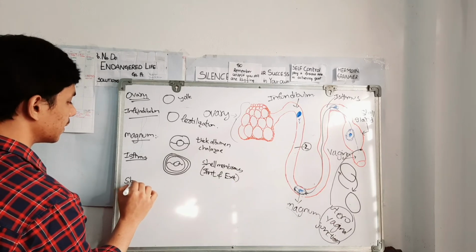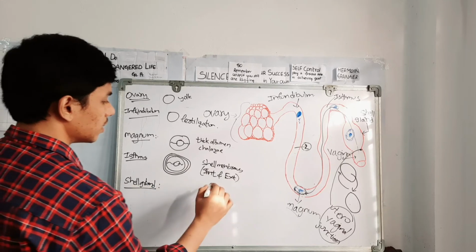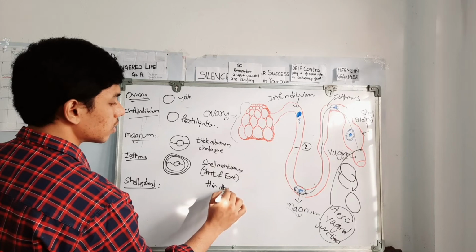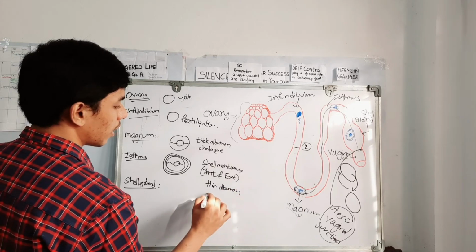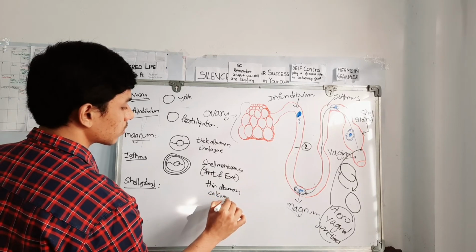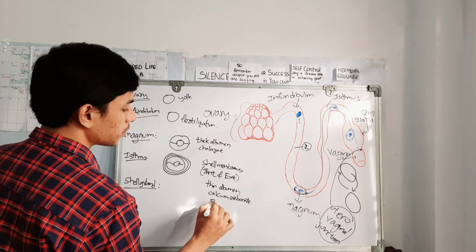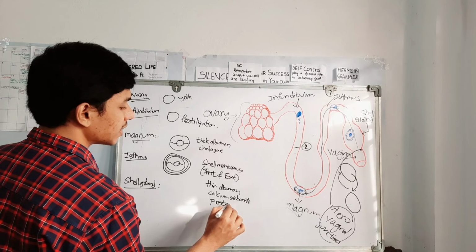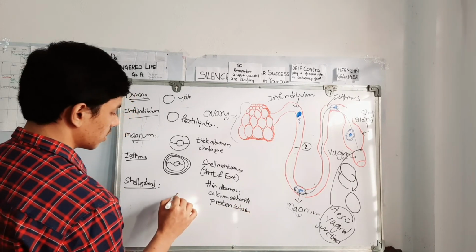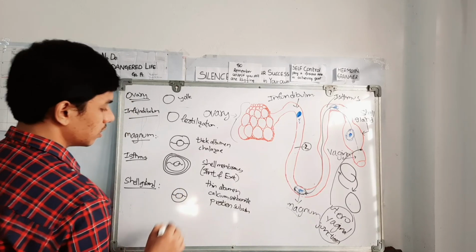And in the shell gland, thin albumin and the calcium carbonate layer, and a protein substance is deposited on the calcium carbonate layer. So this is the yolk, this is the thick albumin, this is the chalaza.